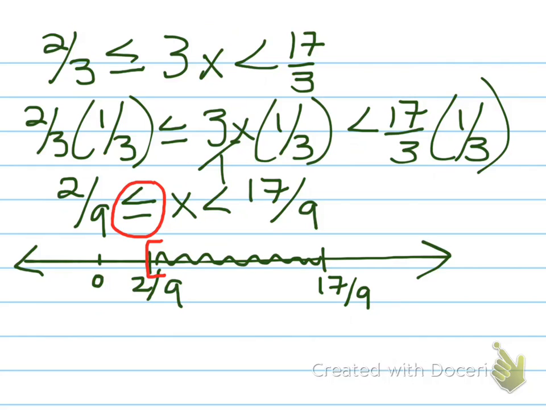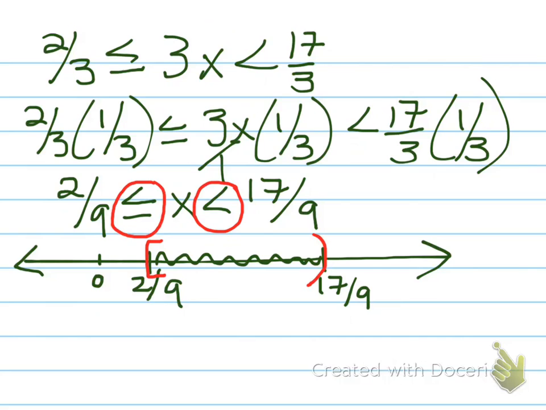Similarly, since x is only less than the 17 ninths, that means that endpoint, 17 ninths, is not included, so that will be a parenthesis. So now we're looking at a graph, and now let's translate this into interval notation.